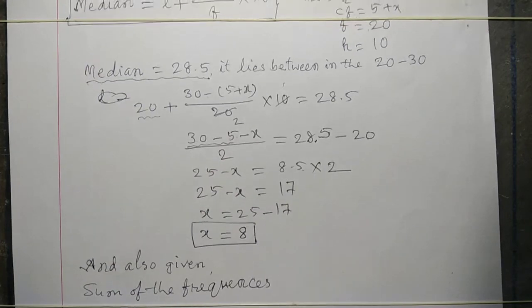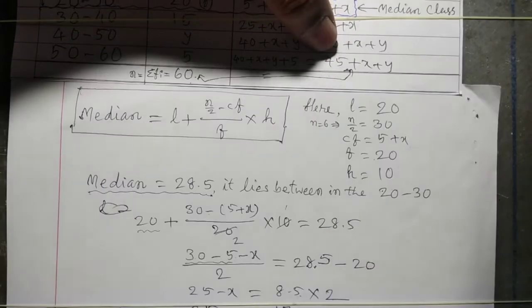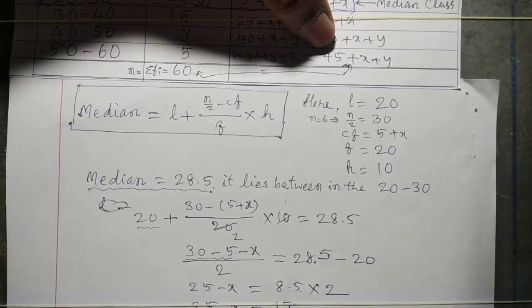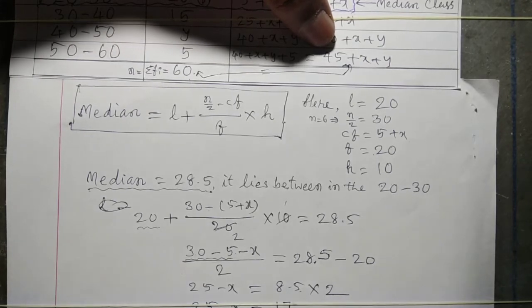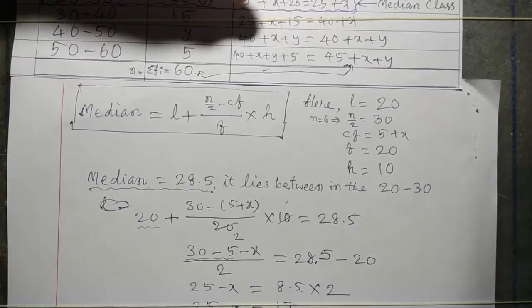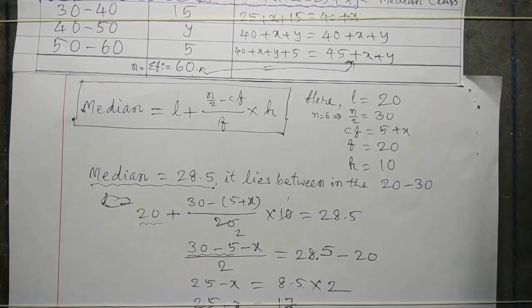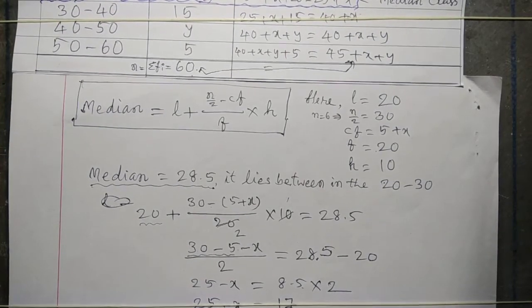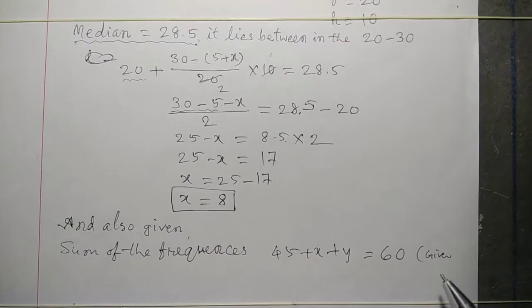Here we have found the sum of frequencies as 45 plus x plus y is equal to 60. This is given, 60 is given.